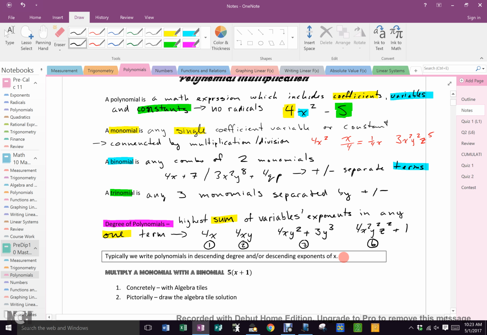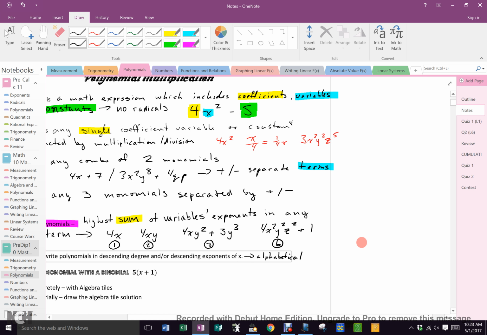Okay, so what does that mean? Alphabetical. Biggest degree first. But again, I don't care. In a perfect world, we would do this, but I care more that you get the exponents right. Understand what I'm saying? So let me show you what I mean. You don't even need to write this down. 3x squared y cubed plus 4x to the fourth y to the third.